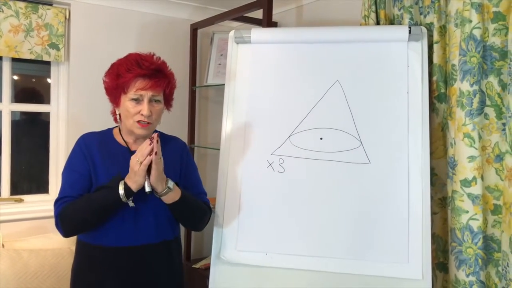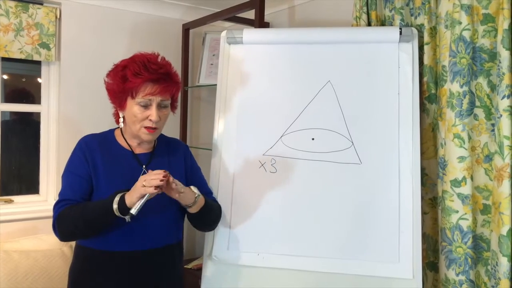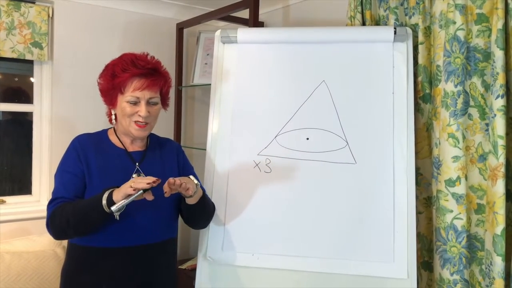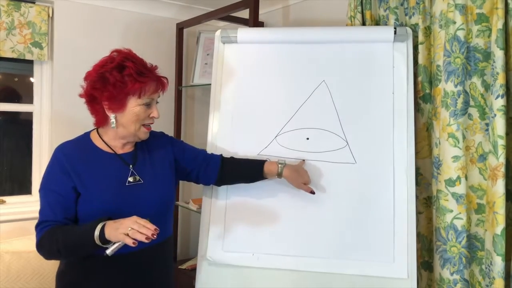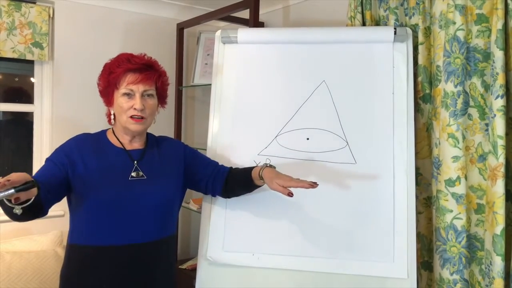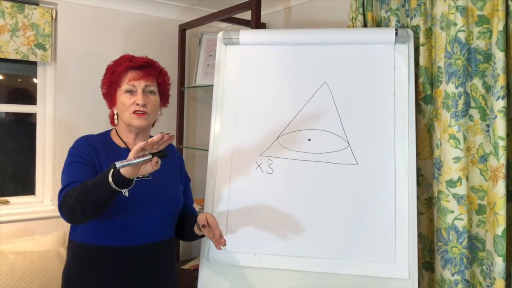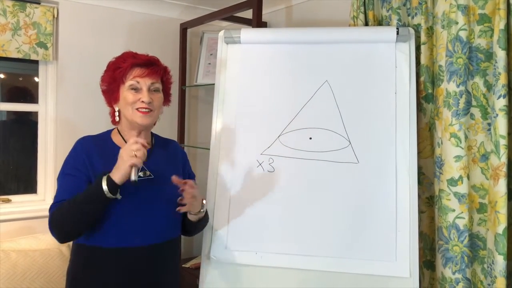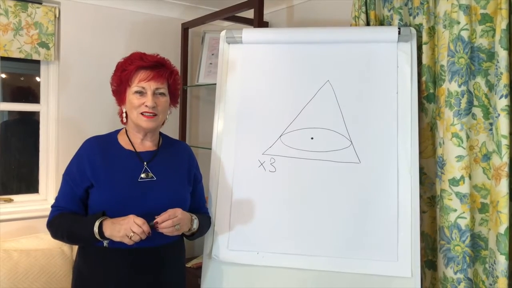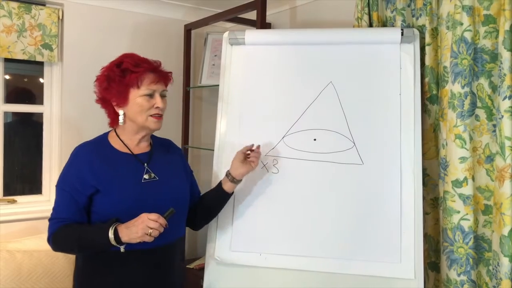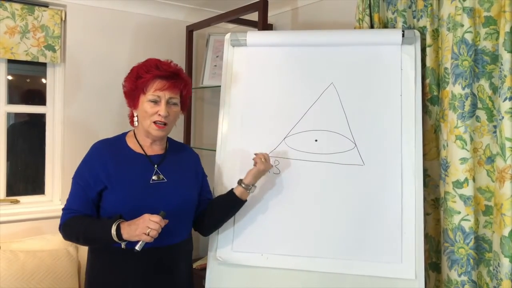You just draw the symbol, and if you're drawing it over somebody, I'll be showing you how to do this in a moment, but you start at the base of the pyramid here, and you draw it out, then up to the peak, then the eye, and the final dot. Okay, so you do that 3 times. Right. So that seals the energy of your client.